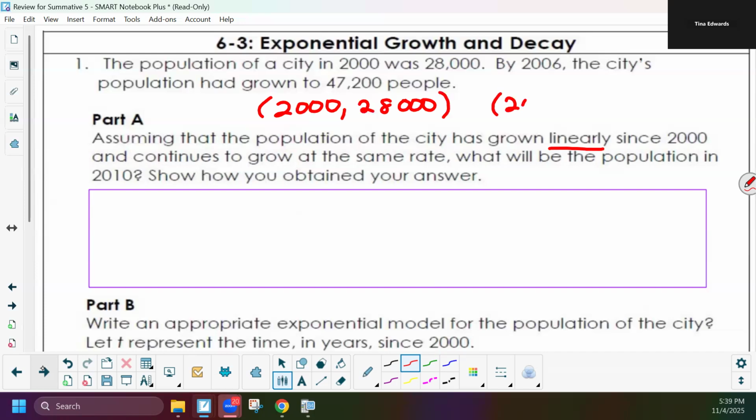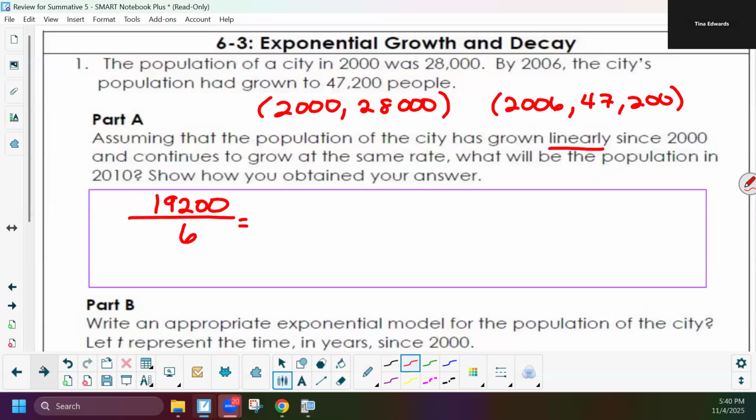In 2006, the population was 47,200. Now I can do what I did in the last problem, my y2 minus y1 and my x2 minus x1. So 47,200 minus 28,000. That gives me, let's see, 19,200. And 2006 minus 2000, that gives me 6 years.